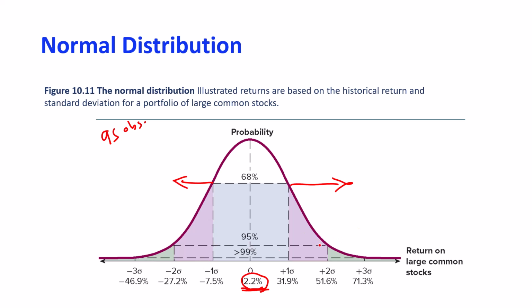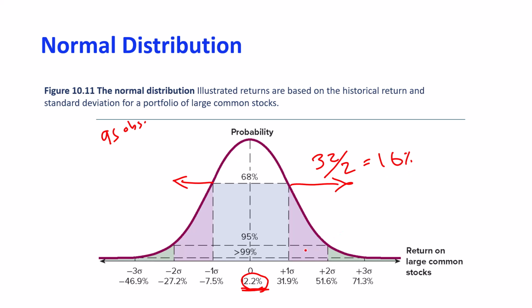Let's say I ask you, what is the probability of having a return greater than 31.9%? We know that outside this one standard deviation bracket, you have 32% of the observations, and you will have 32 over 2, which is 16%.